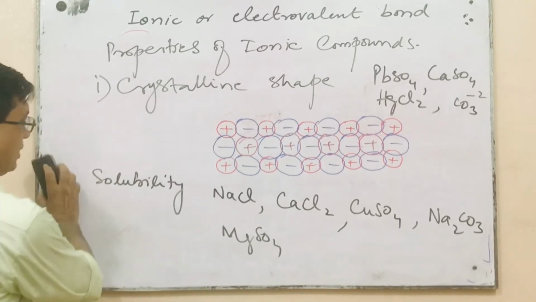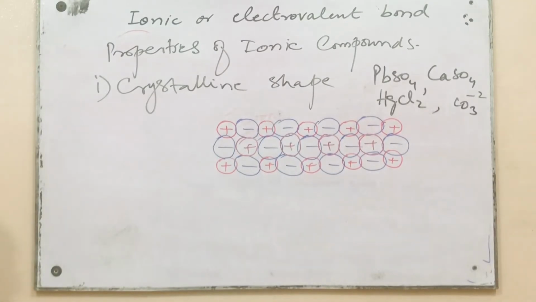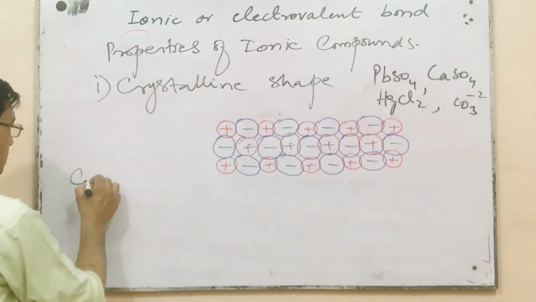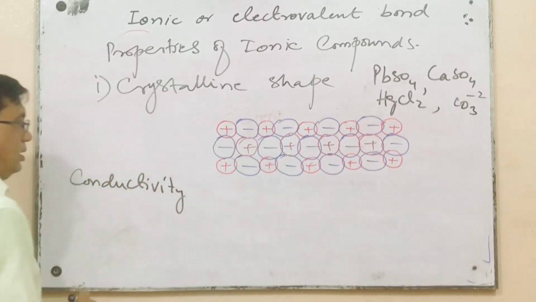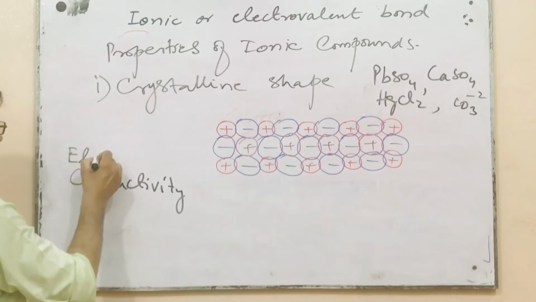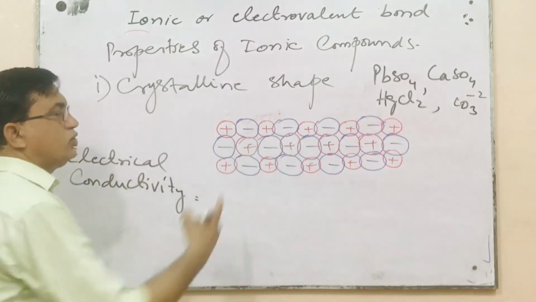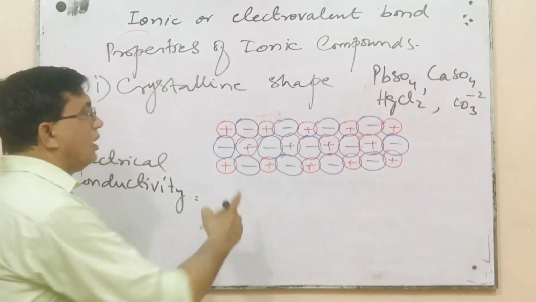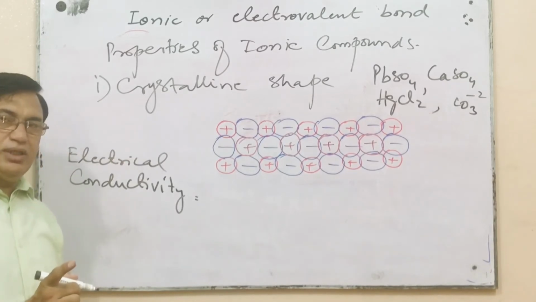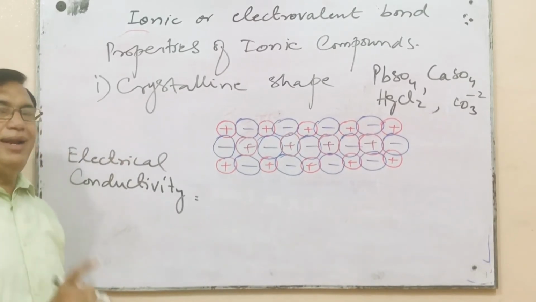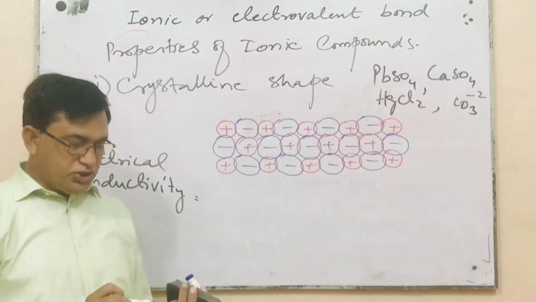Now, electrical conductivity. All ionic solids have fixed cations and anions at their positions, so in solid state they will not conduct electric current because their cations and anions are fixed at their positions.